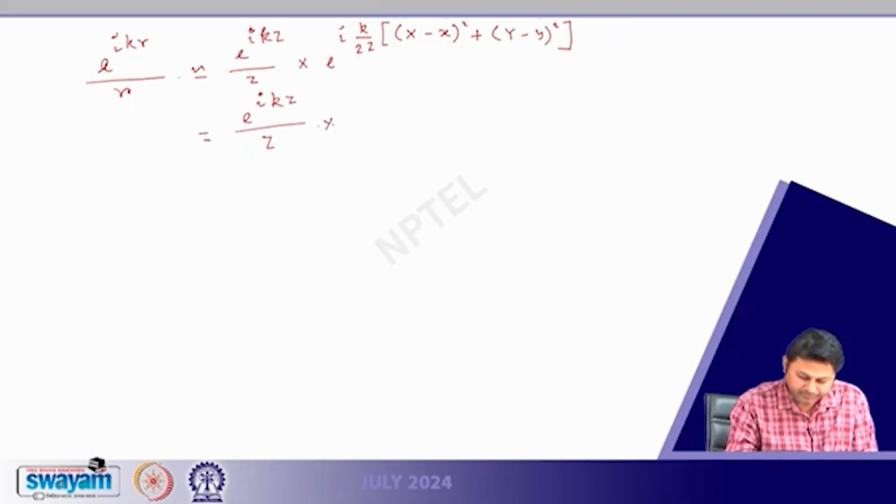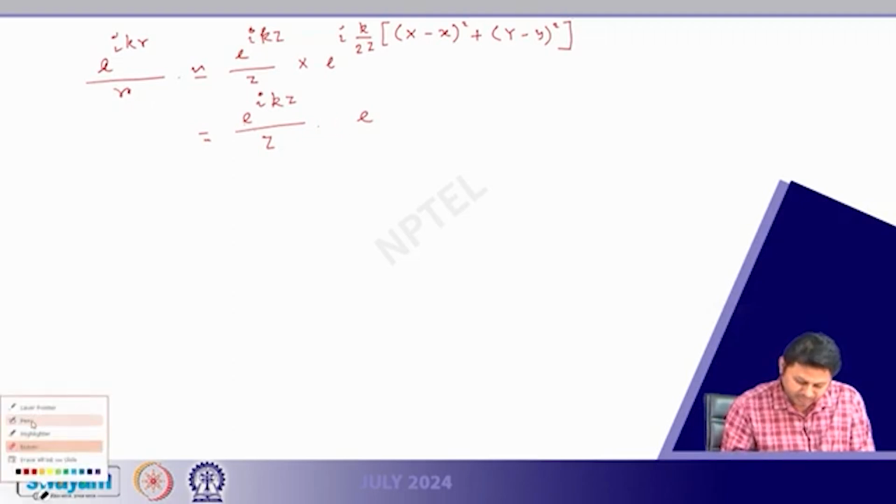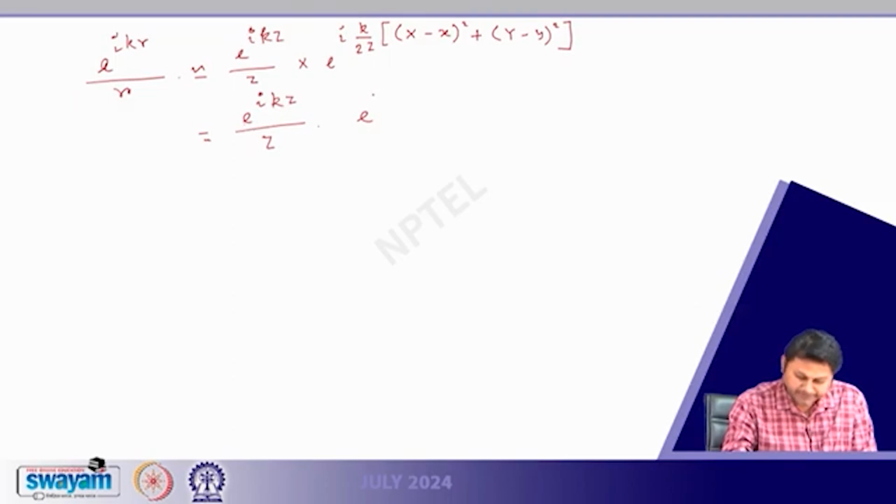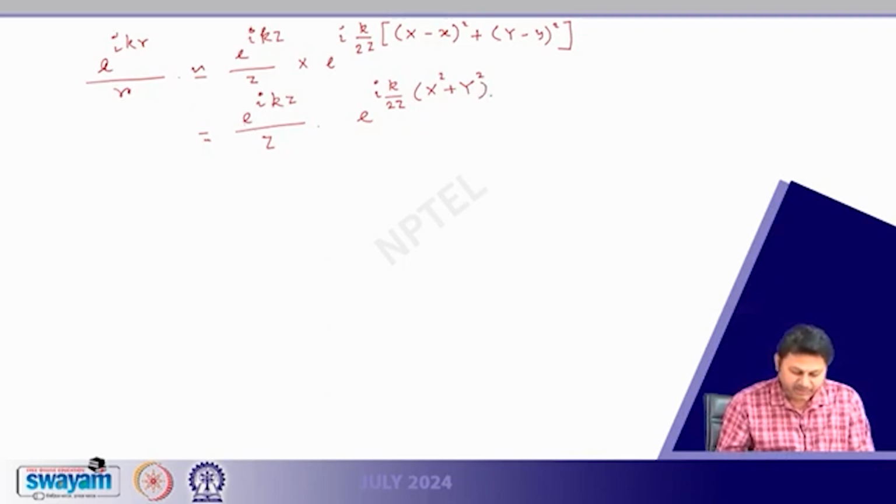Then if I expand this, this is not x, it looks like x, so then e to the power of i k by 2z, and I have big X square plus big Y square term, and then we have small x square and small x big X term.